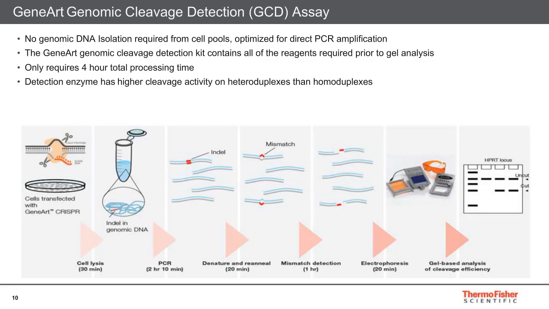Now this genomic DNA can be PCR amplified using the locus-specific primers, which will amplify wild-type DNA which was not modified, as well as the DNA that actually underwent some indel formation.